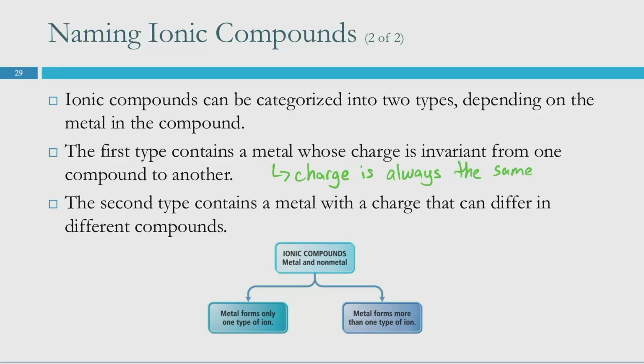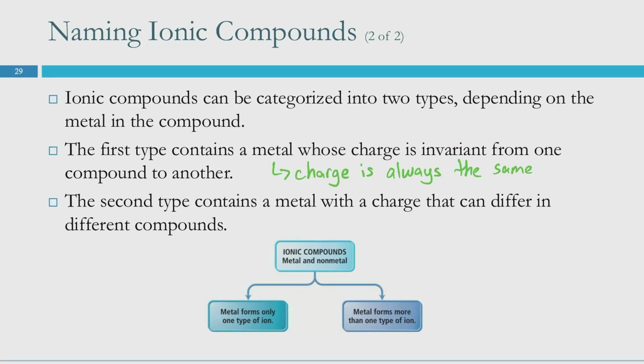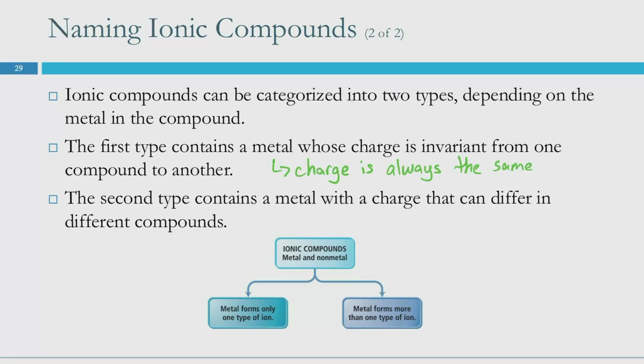Or, like the slides say, whose charge is invariant from one compound to another. Just meaning, if we see that metal, that cation, it's always going to be the same charge. We never have to worry about it being something else. And then our other category, perhaps unsurprisingly, is things that can have multiple charges, multiple charge options. So it can be different charges.